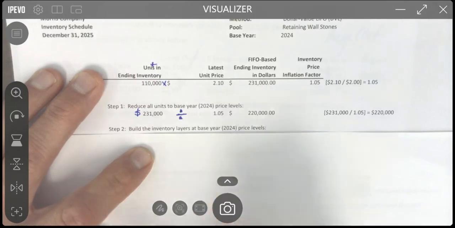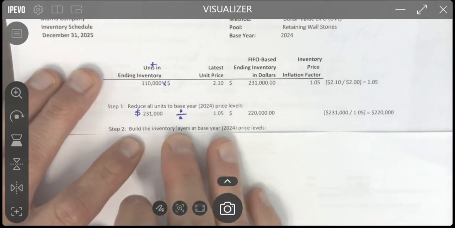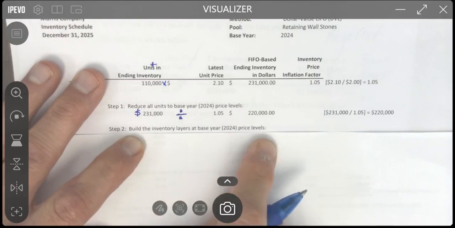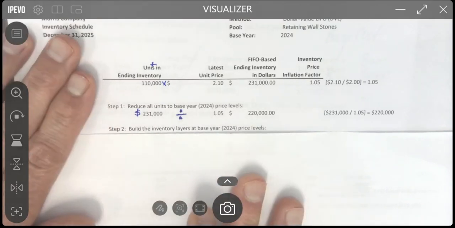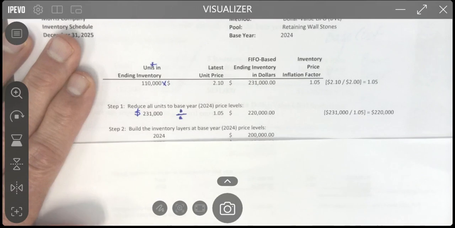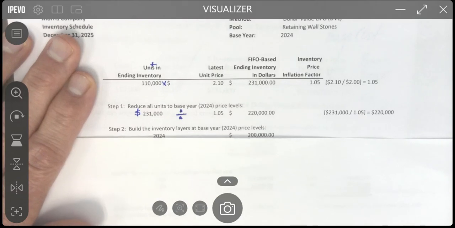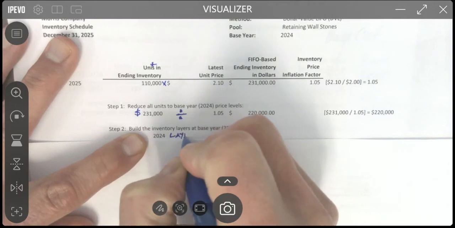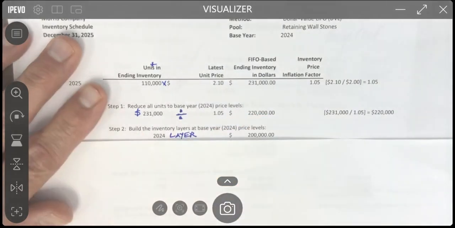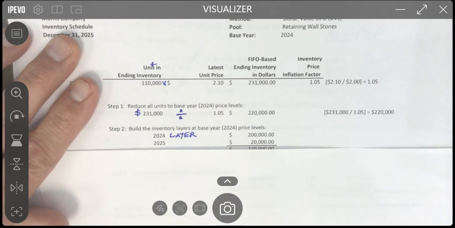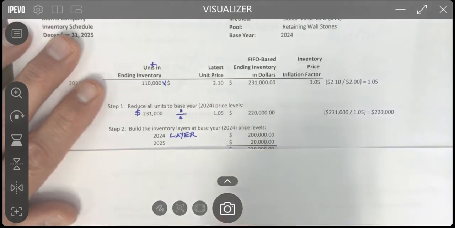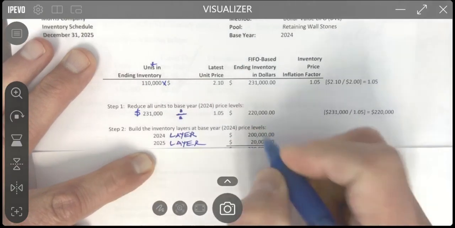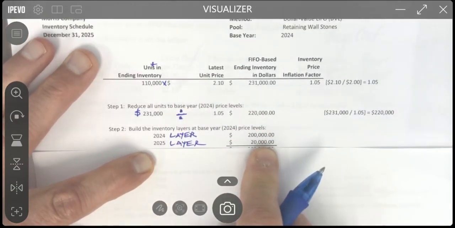Step number 2, rebuild the inventory layers at base year, that's 2024, price levels. Okay, we could do that. Well, I know what the 2024 price year layer looked like. 2024 layer. And now the 2025 layer is right above. The 2025 incremental layer is $20,000.